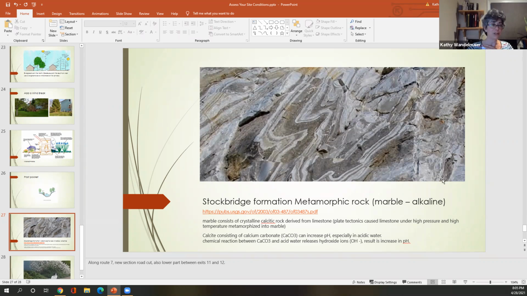If you're interested in finding out about this, you can go to either the USGS website, or you can go to the DEEP website and you can look up the soil maps, and you can see section by section what soil profile you have.